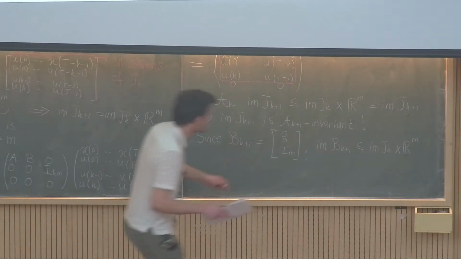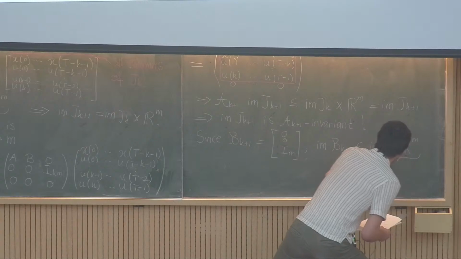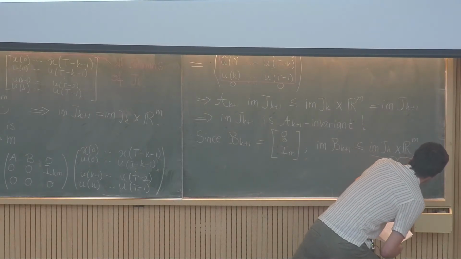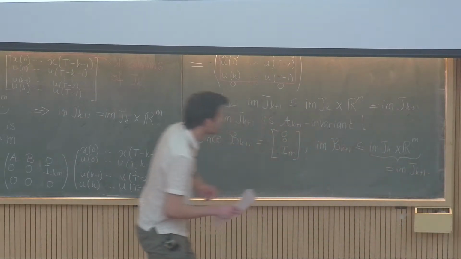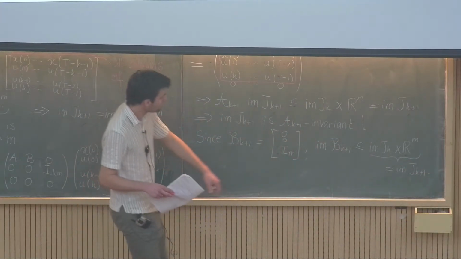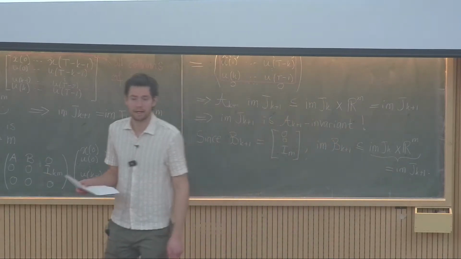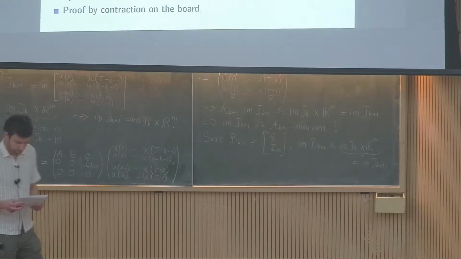But again, now I'm going to use the fact that the subspace that we see over here is just equal to the image of JK plus 1. And then indeed, you see that the image of BK plus 1 is contained in the image of JK plus 1. Great.